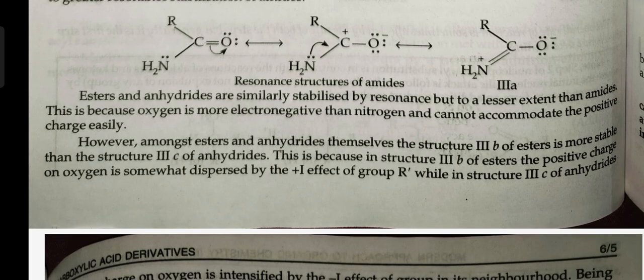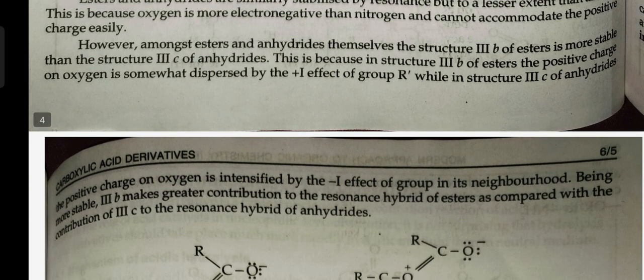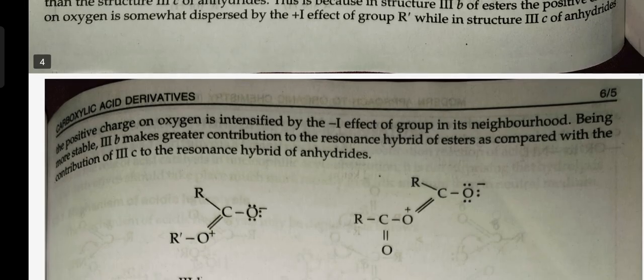However, amongst ester and anhydride themselves, structure 3B of ester is more stable than structure 3C of anhydride. This is because in structure 3B of ester, the positive charge on oxygen is somewhat dispersed by the +I effect of group R, while in structure 3C of anhydride, the positive charge on oxygen is intensified by the -I effect of the group in its neighborhood.